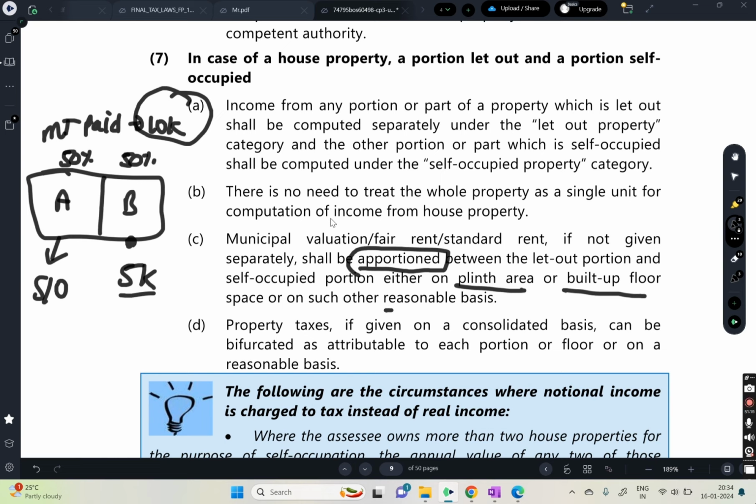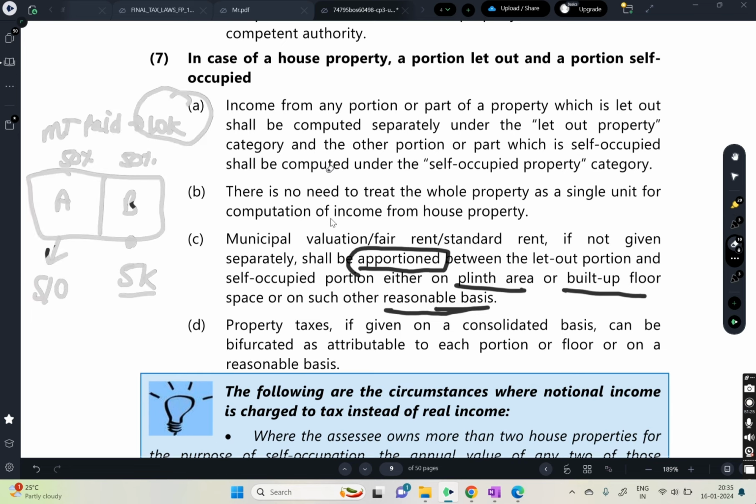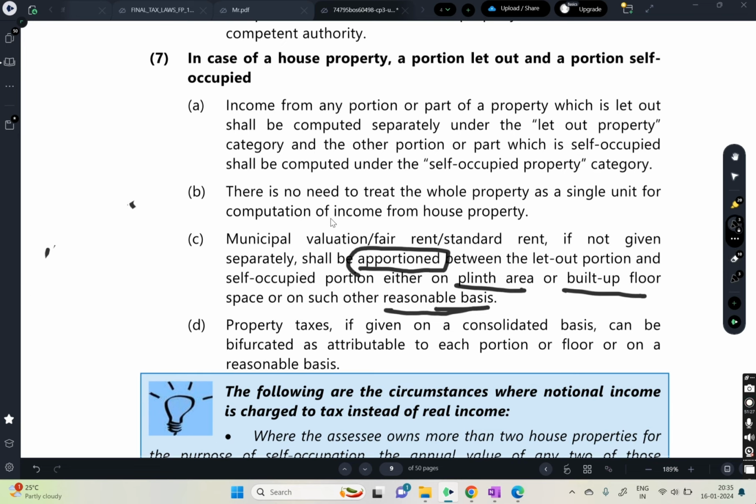So we will come up with some kind of reasonable basis, and then we'll find out the income from house property. Let's say the expected rent given in the question is 50,000 rupees. This is for the entire house, but we will take only 25,000 because only 50% is let out. Did you understand?